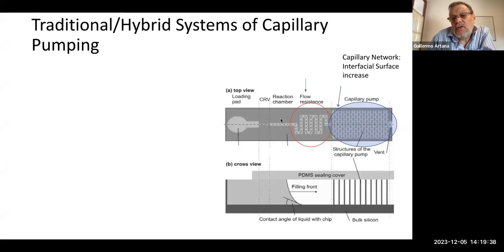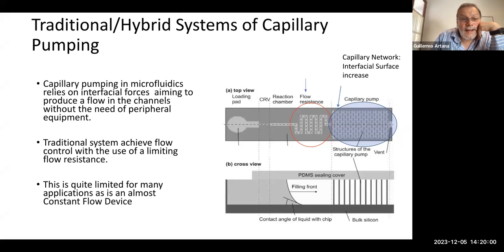Here you have the reaction chamber, through a flow resistance or a quite intricate system that allows reducing the flow through a flow resistance that is the limiting resistance of the system. So in this kind of device, what you usually have is a kind of constant flow device.